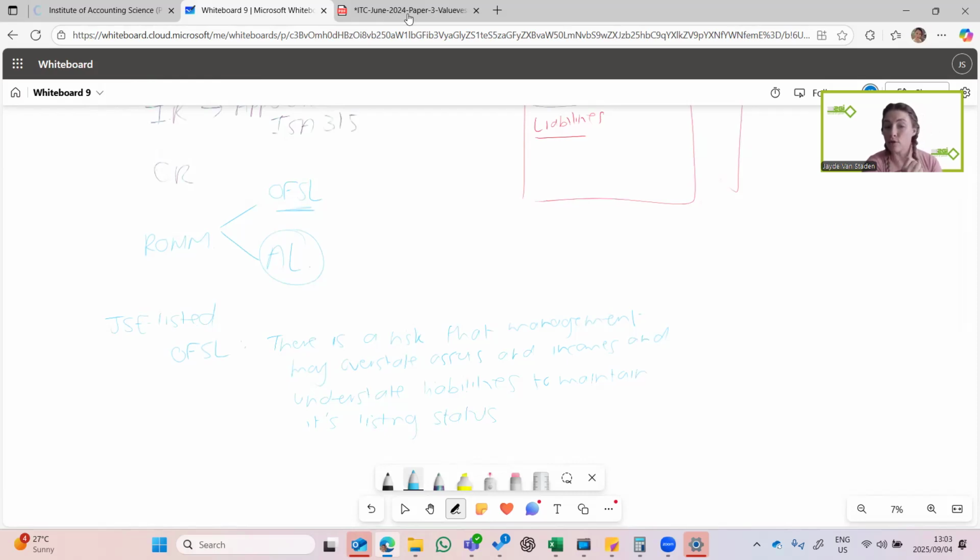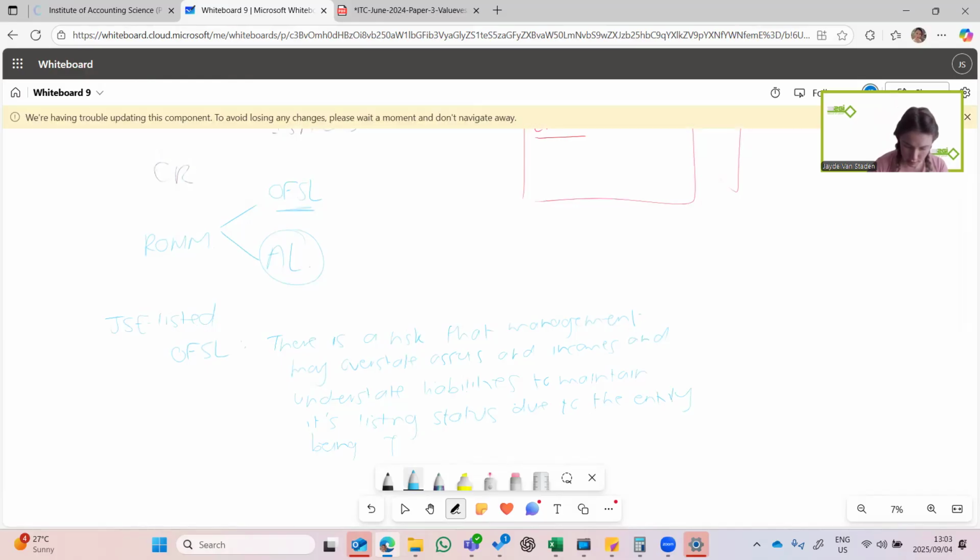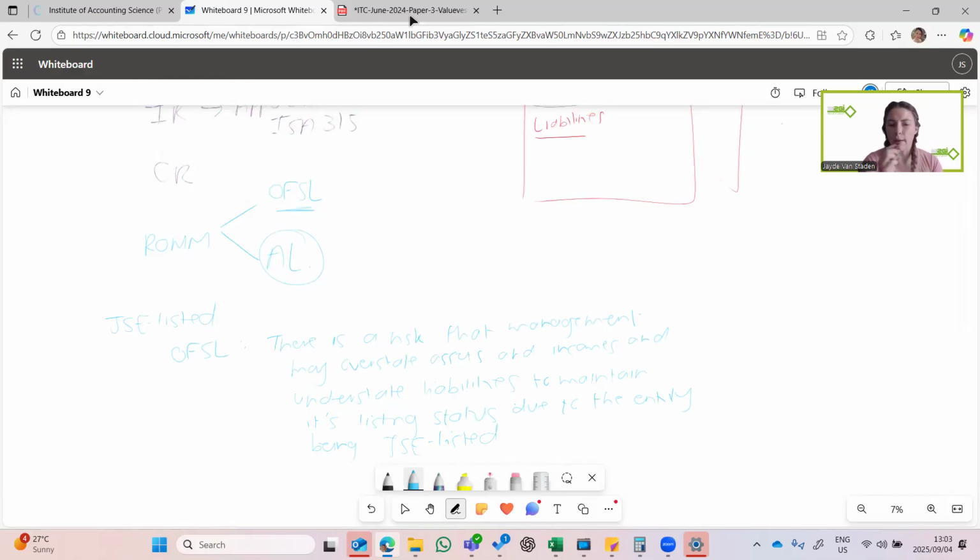Now, remember, you have to link that to the trigger because what is the thing that made me think that this could happen? Due to the entity being JSE listed. Okay, and I'm really hoping that this writing is showing up.